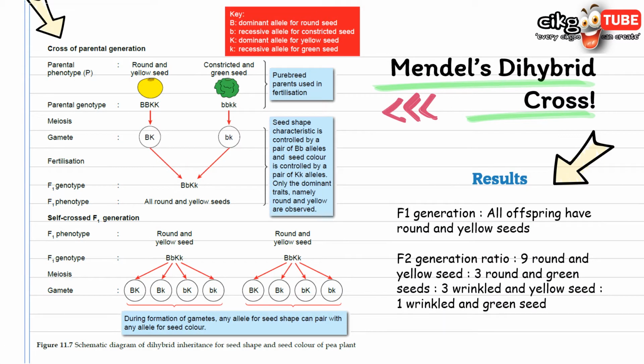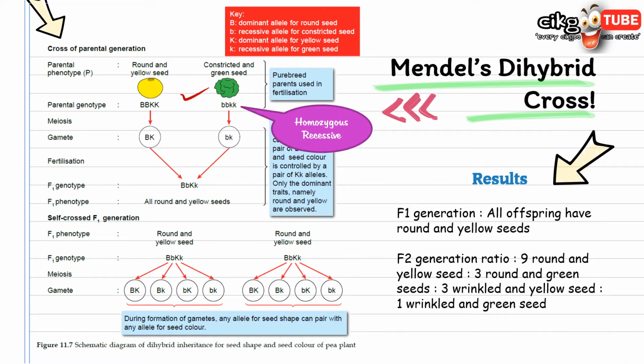Let's look at Mendel's dihybrid cross. In this experiment, Mendel carried out genetic crosses which involve two different characteristics of a pea plant, which are seed shape and also seed color. Mendel crossed a pure breed of plant which has round yellow seed, so both traits are homozygous dominant, with a pure breed of pea plant that has wrinkled green seed, or constricted green seed, and both traits are homozygous recessive.